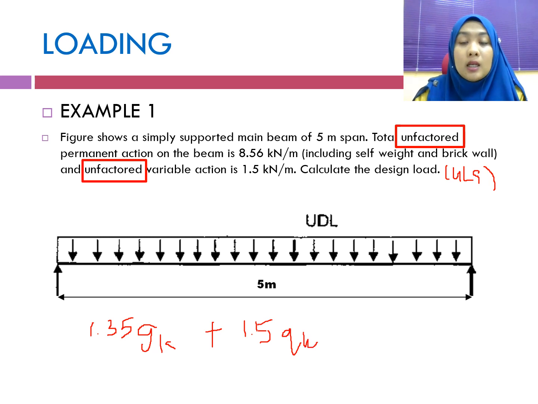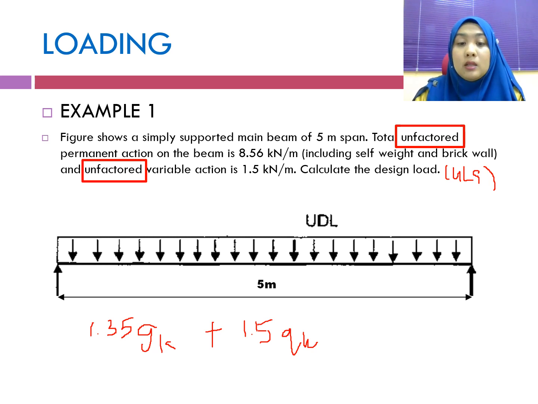So this is the equation to calculate design load at ultimate limit state. 1.35 is the factor of safety for permanent load, GK, and 1.5 is the factor of safety for variable load, QK.